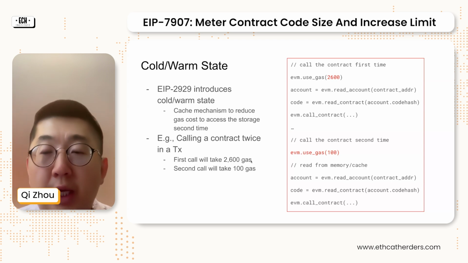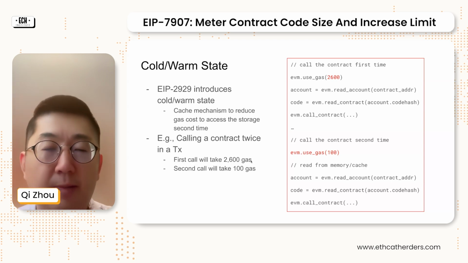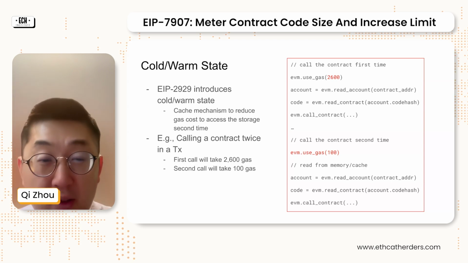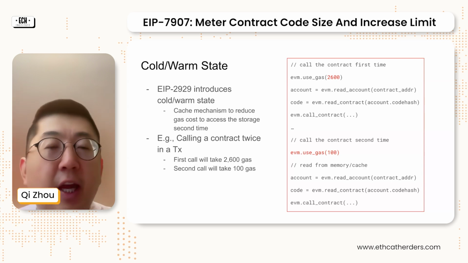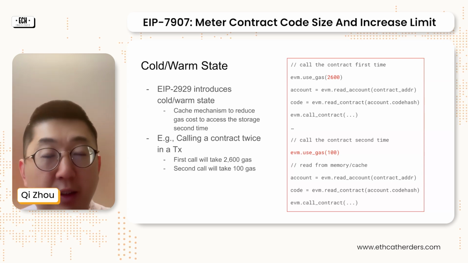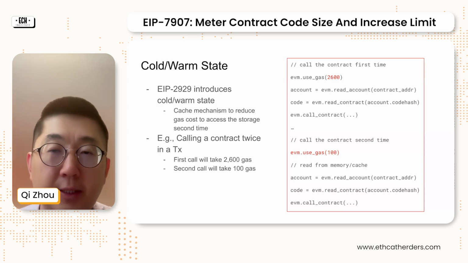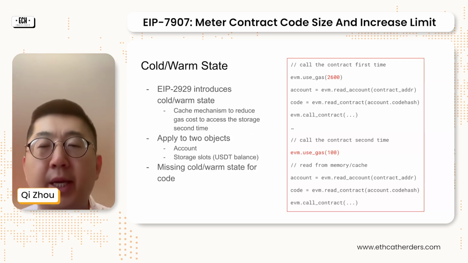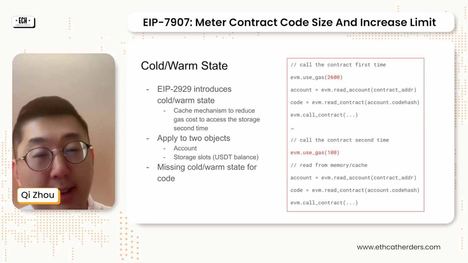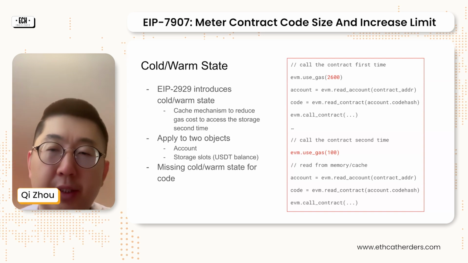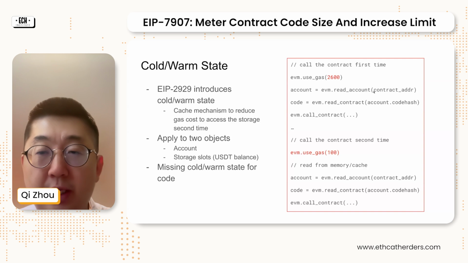So this is really helpful for a lot of smart contract developers. They observe that when they call some contract frequently, their gas cost is significantly reduced because of this cache mechanism. Unfortunately, this cache mechanism only applies to two objects in the Ethereum state system. One is the account, which we see when we read an account.